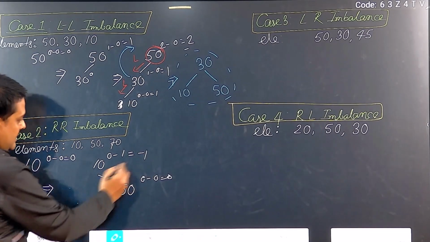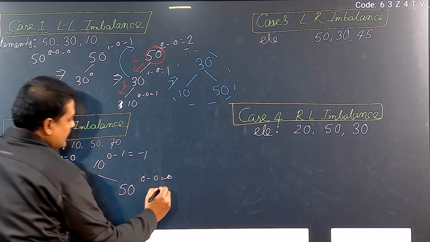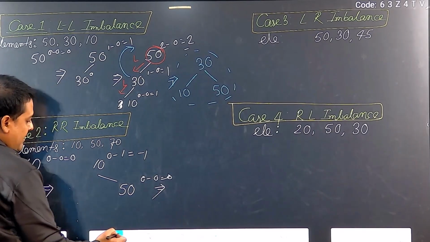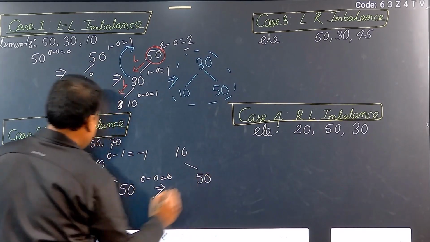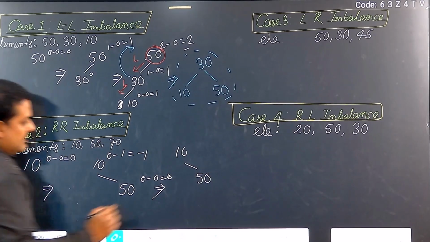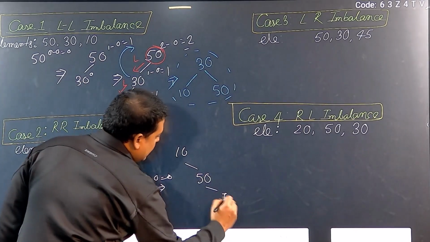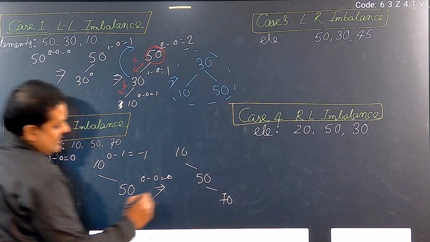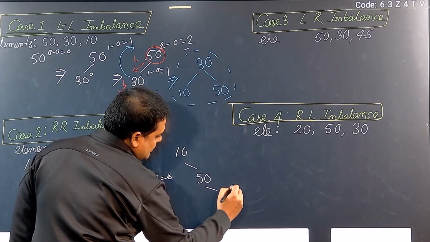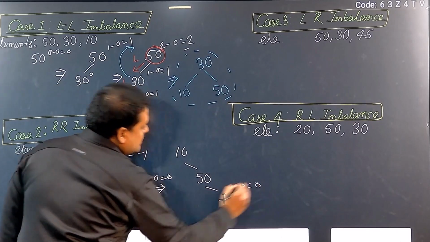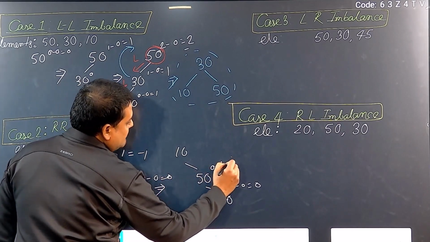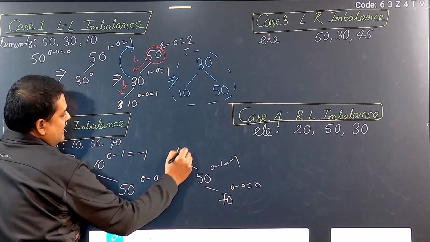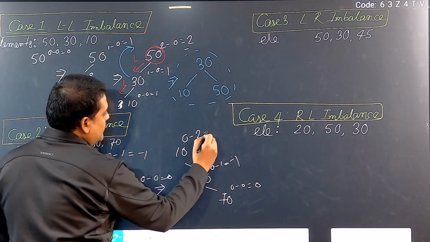For this there is still no problem. Then we have 10, then 50, and then we are going to insert 70. So, 70 is here. Now we calculate the balance factors: for 70, 0 minus 0, this is 0. For 50, 0 minus 1, this is minus 1. For 10, this is 0 minus 2, this is minus 2.